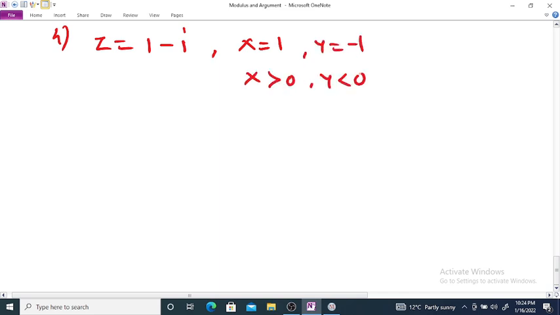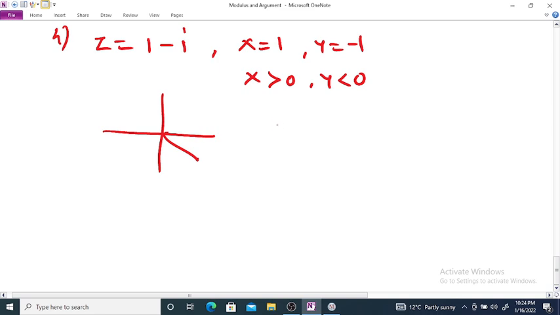Next, if we take a complex number in the fourth quadrant, say z is equal to 1 minus i, then here x is equal to 1 and y is equal to -1, that is, x is positive but y is negative. So our complex number lies in the fourth quadrant.